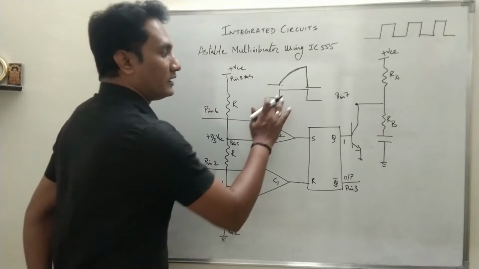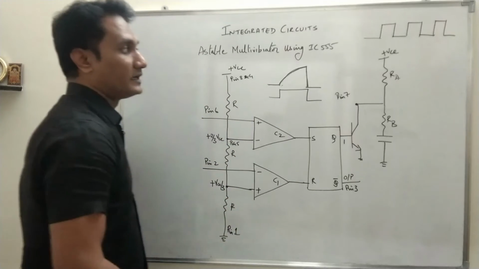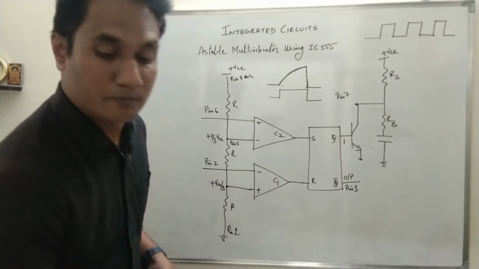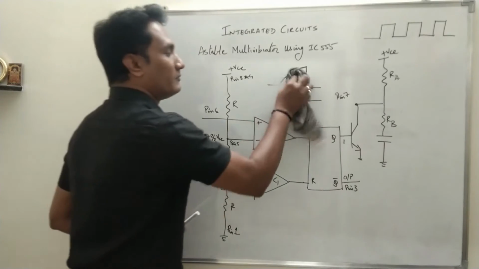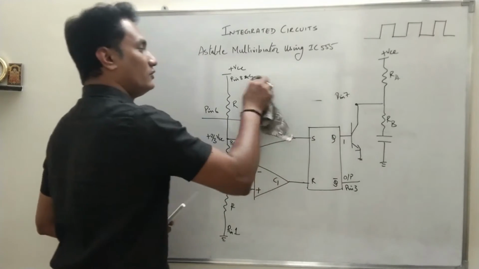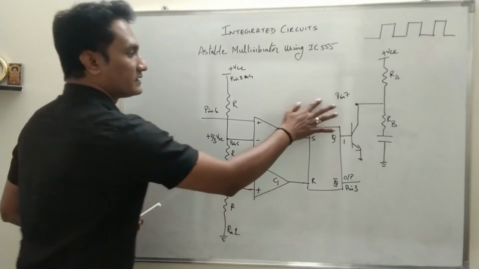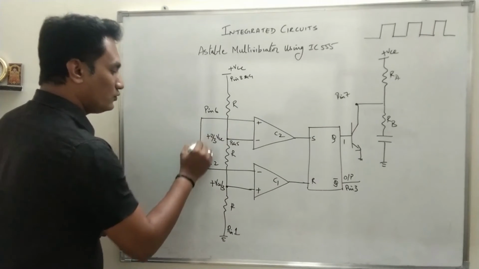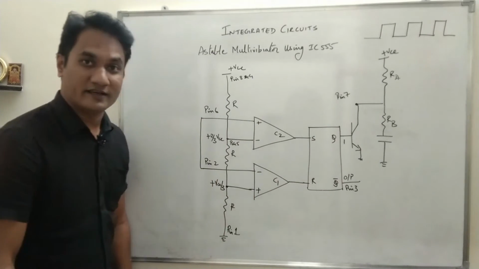And if you remember, in a monostable multivibrator, pin number 6 was connected to pin number 7. Here what we will do is connect pin number 2 and pin number 6 together.